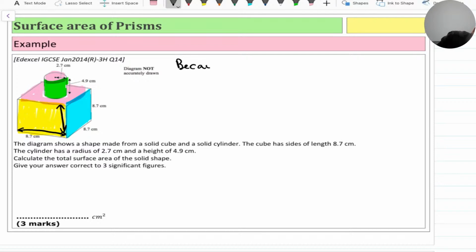Because it's a cube on the bottom, we know all 6 sides are the same. So let's just write this down.